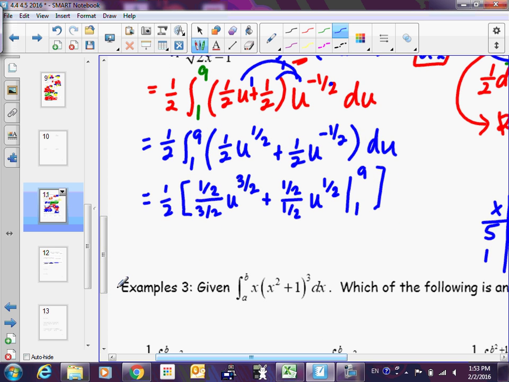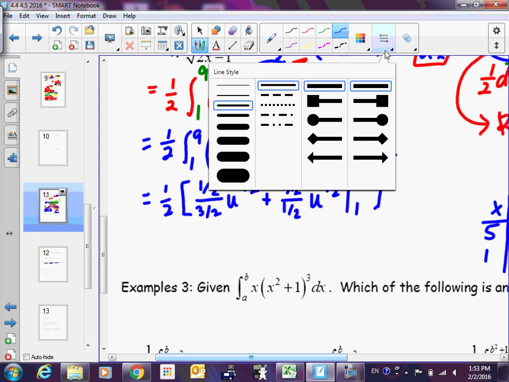After you integrate, if you have bounds, this bar signifies what numbers you're going to plug in. But I wouldn't want to write the integral symbol anymore because I already integrated. All right, I'm going to change the thickness of this a little bit.